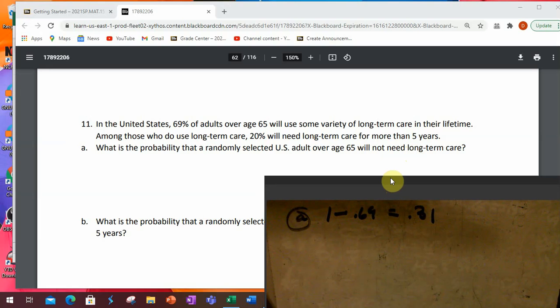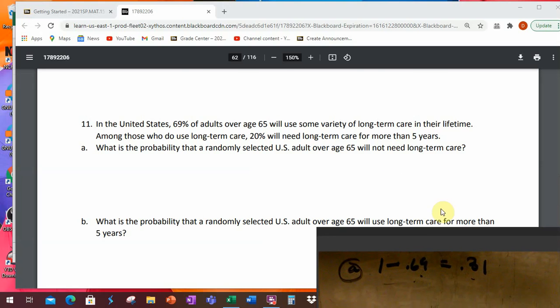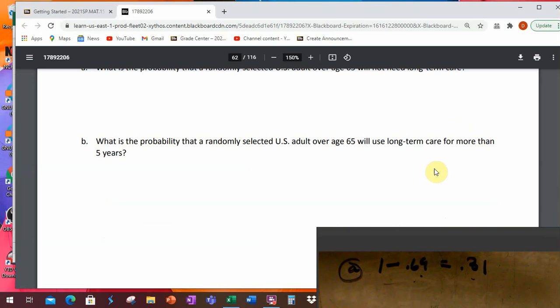It's just letting you know the category that will need it, and then the other category will not need it, okay? What is the probability that a randomly selected U.S. adult over age 65 will use long-term care for more than 5 years?